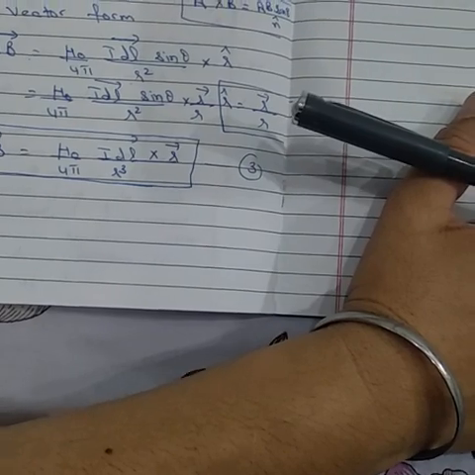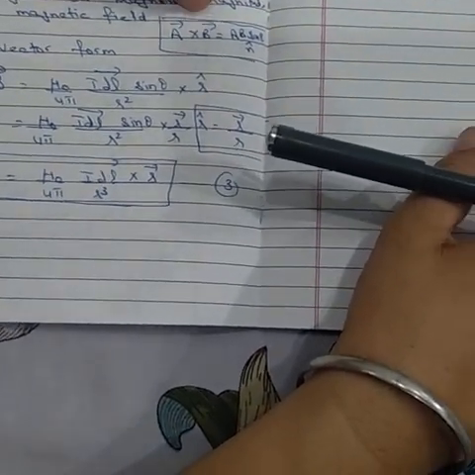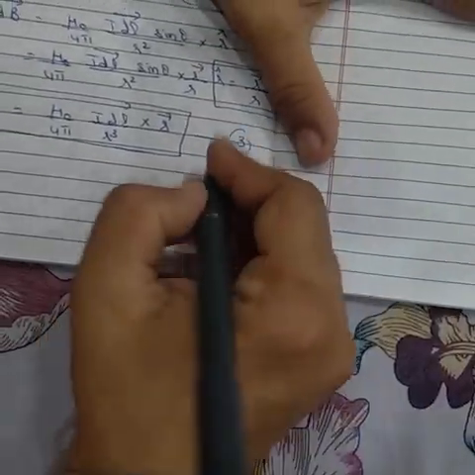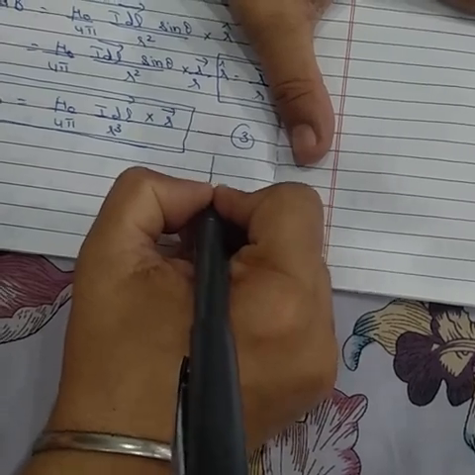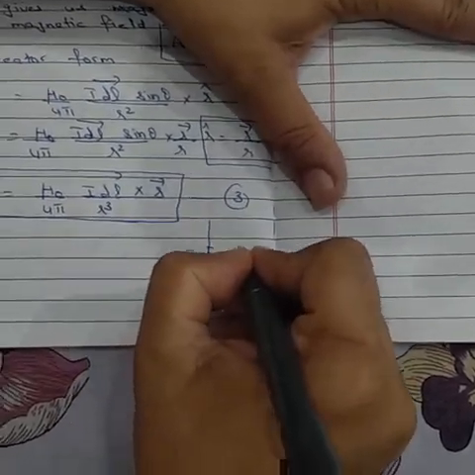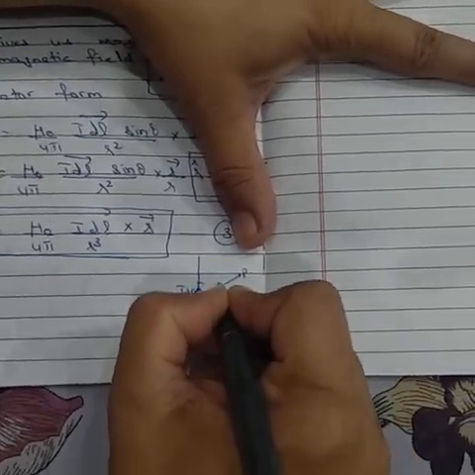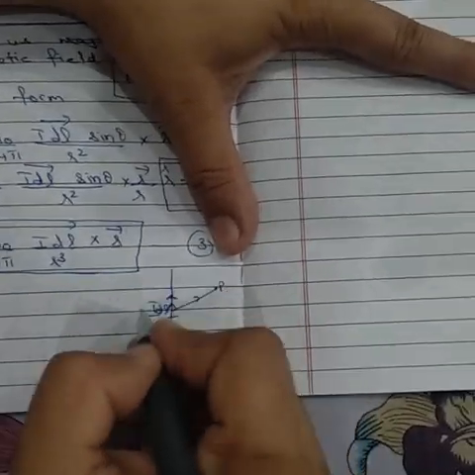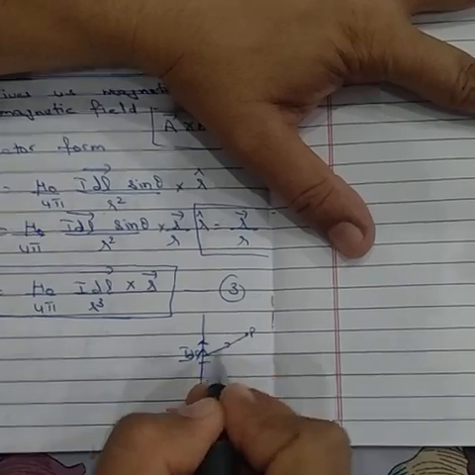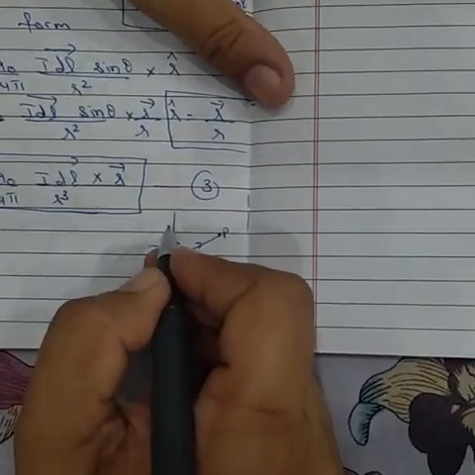And you know the property of the cross product: the cross product is always perpendicular to the plane containing the two vectors. So this was our I dl, along this direction, and the line joining is along this direction. So the direction of the magnetic field will be such that it is perpendicular to both the line joining the observation point and the current element.